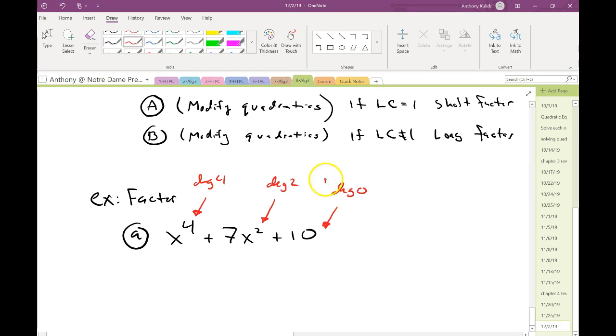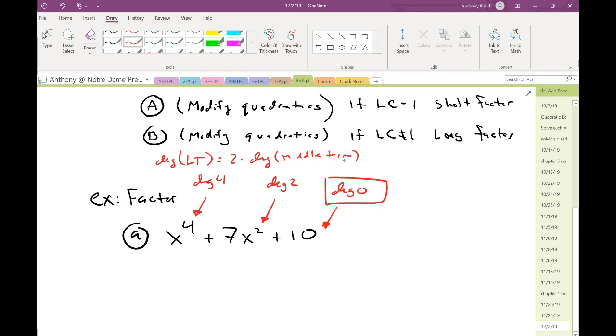So, I want a degree 0 at the end, and I want the degree of the leading term to equal 2 times the degree of the middle term, which is what we have here, right?